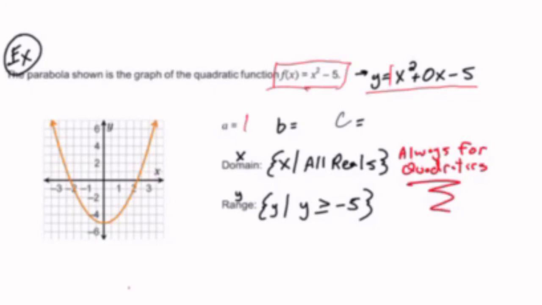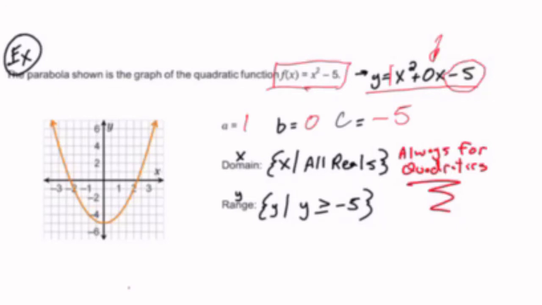If you look at b, there is no value of x. So in this example number 2, b will be 0. And the constant at the end of the quadratic equation is a minus 5, so c is going to be negative 5.